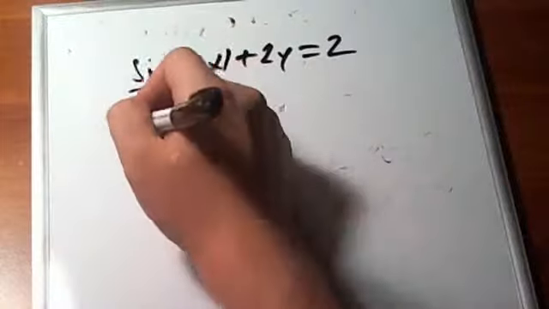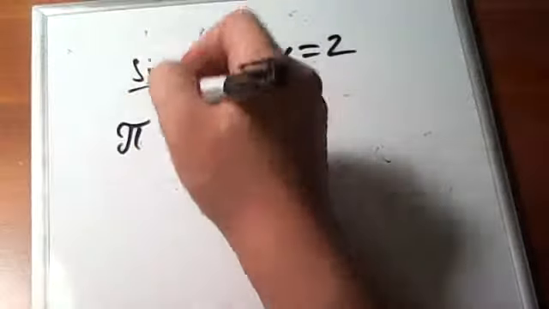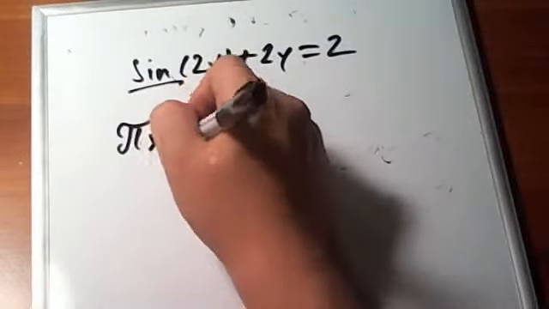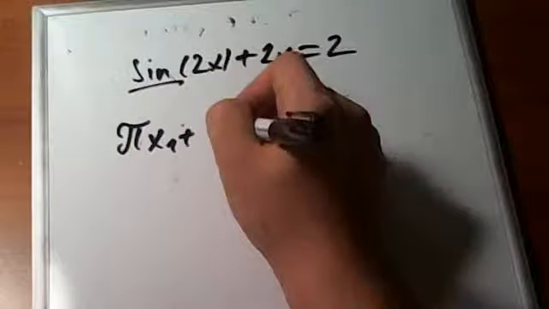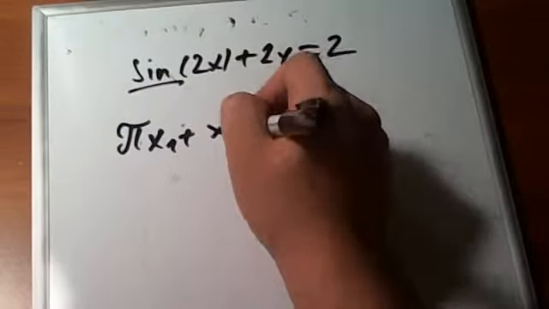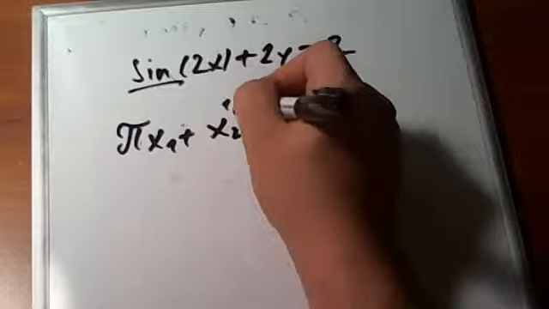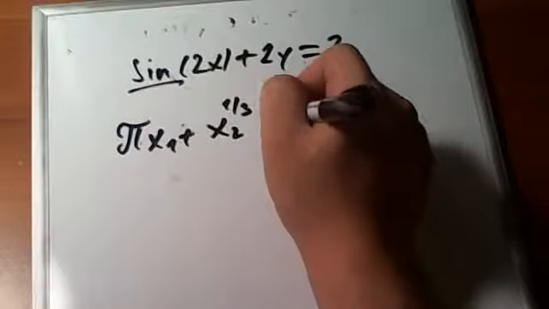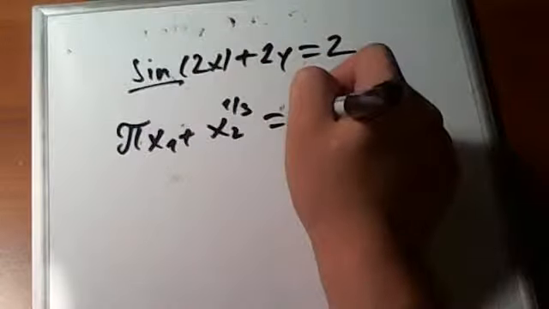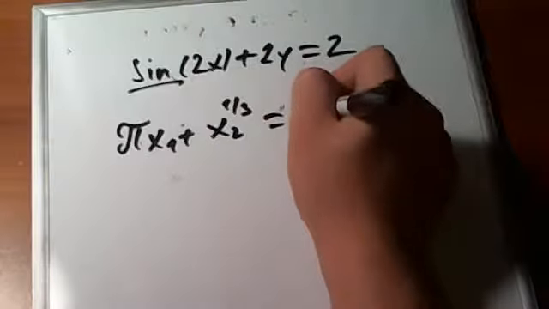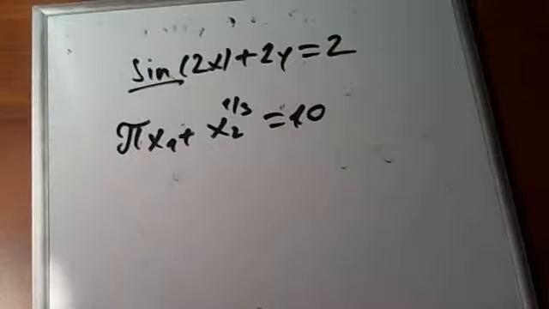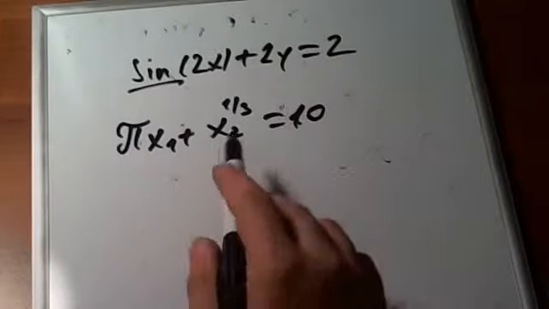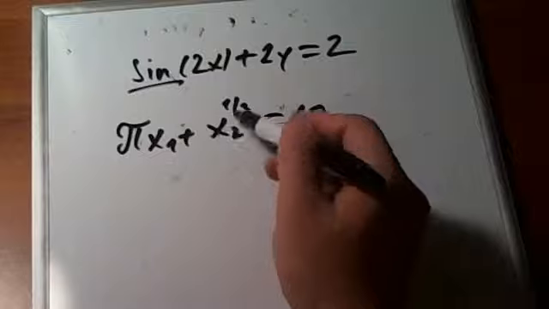Let's say pi x1 plus x2 to the power of 1/3 is equal to 10. Do you think this is a linear equation? I hope you answered no, because of the power.